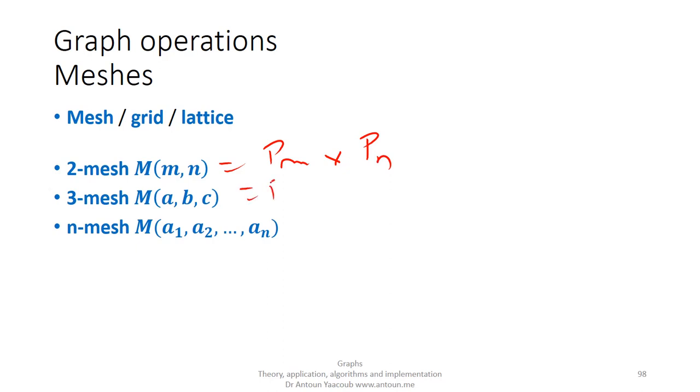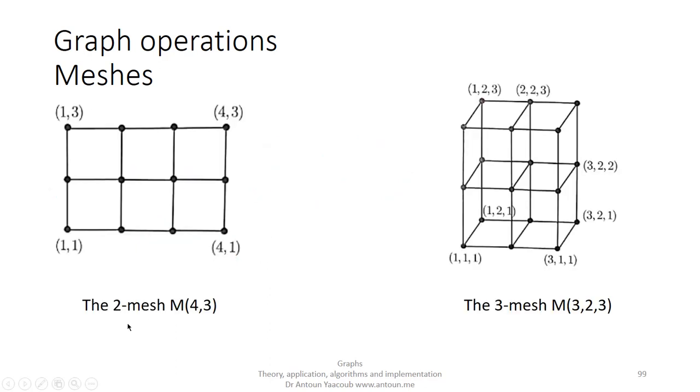Also, the 3-mesh is equal to PA times PB times PC, and we can generalize to n-meshes, where we have the Cartesian product of paths. So let's see an example. This is an example of the 2-mesh M(4,3), so it's P4 times P3, and here we have the 3-mesh, P3 times P2 times P3.